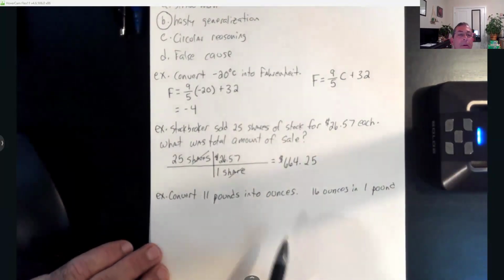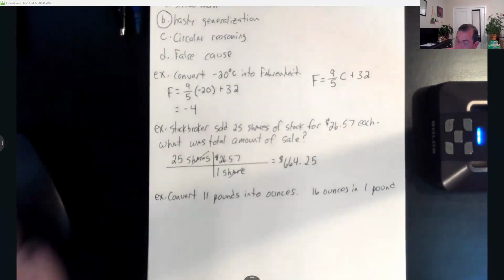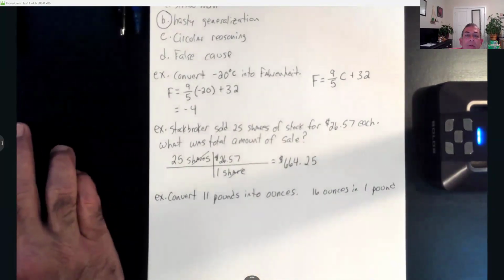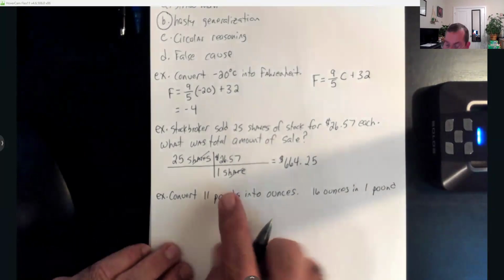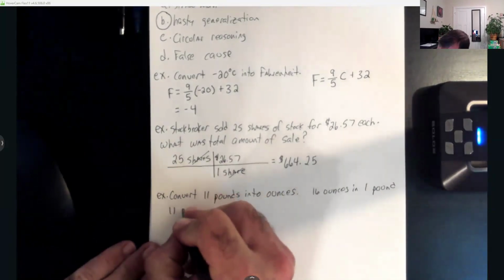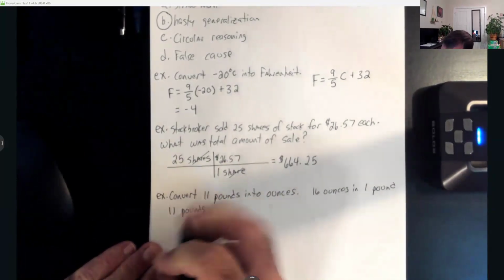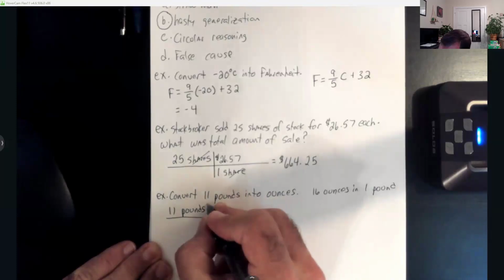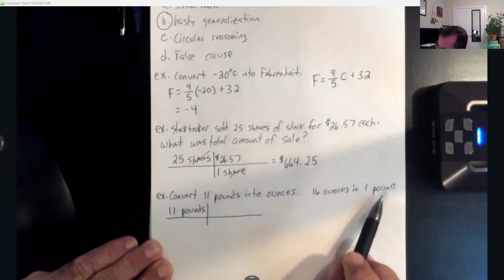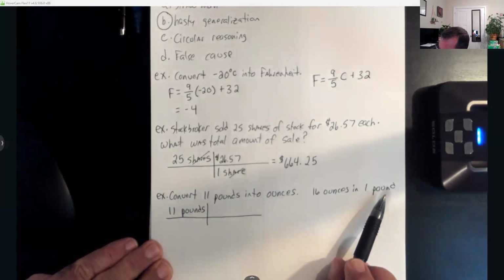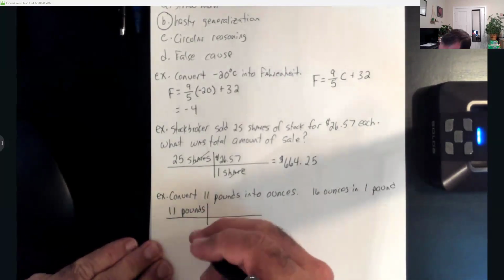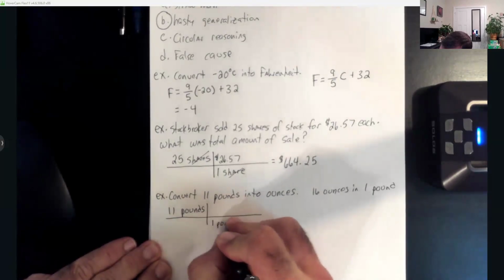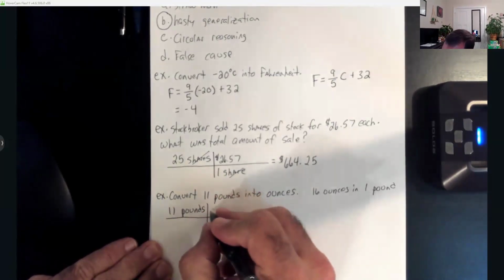So we're starting with our 11 pounds. We want to turn this into ounces. So here we know for every 1 pound, there's 16 ounces. So 1 pound goes down here so that those will cancel.